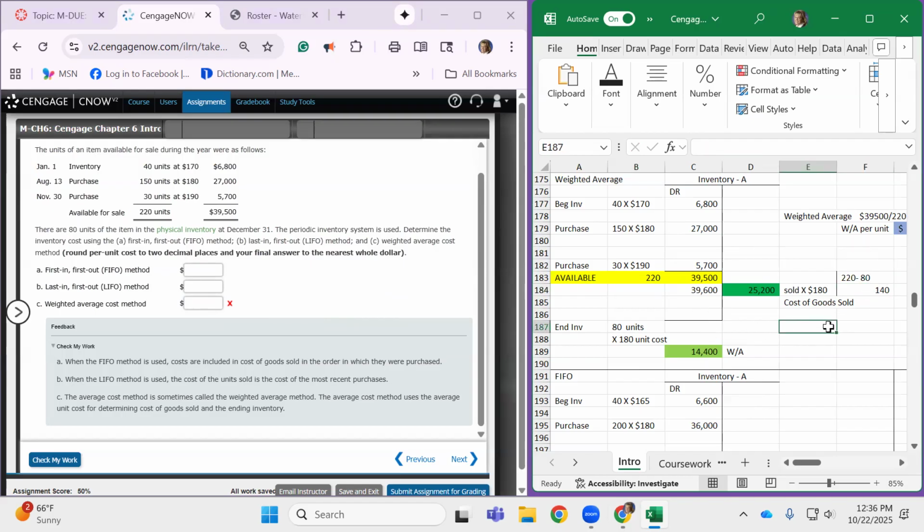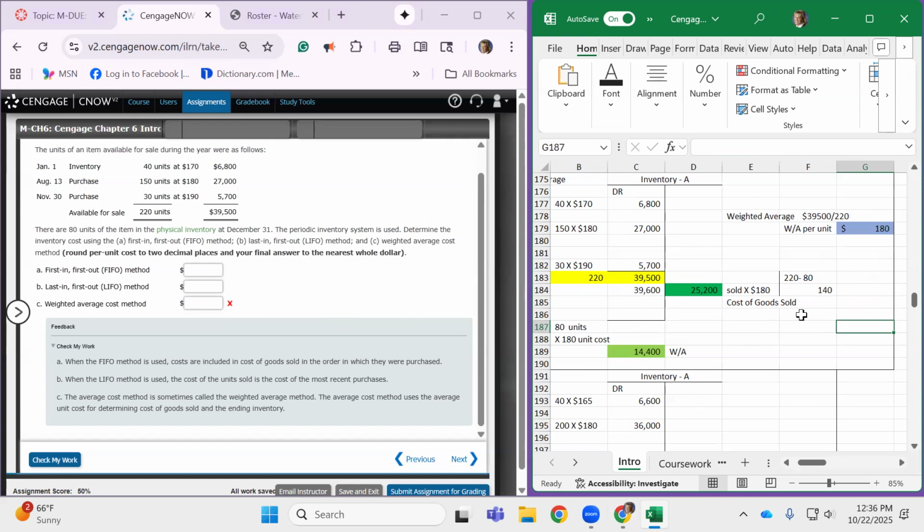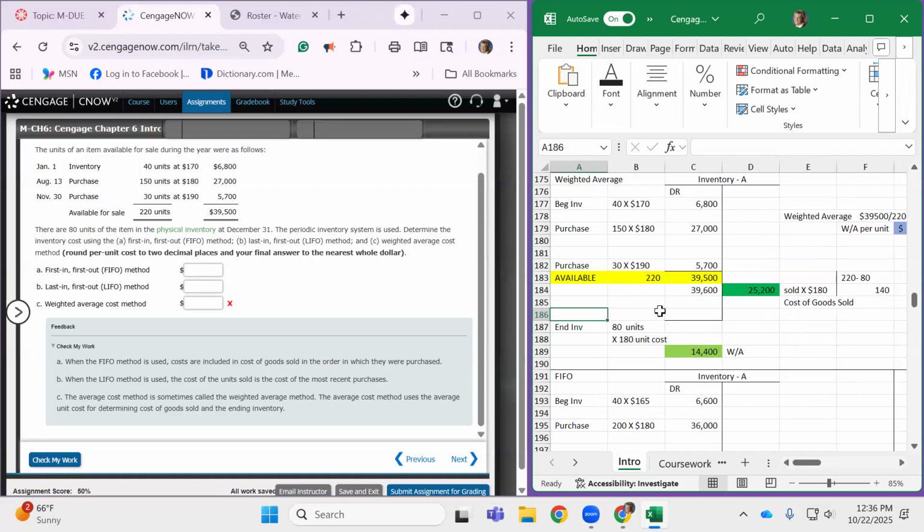We've got a cost of 180 here. Why isn't that right? All right, I'm going to keep working here. What have I missed? Too many formulas, I think.